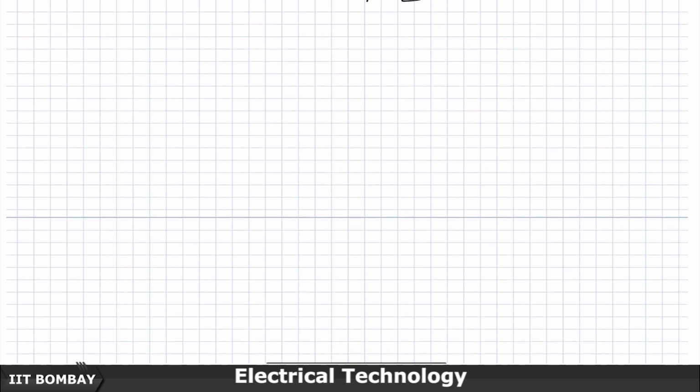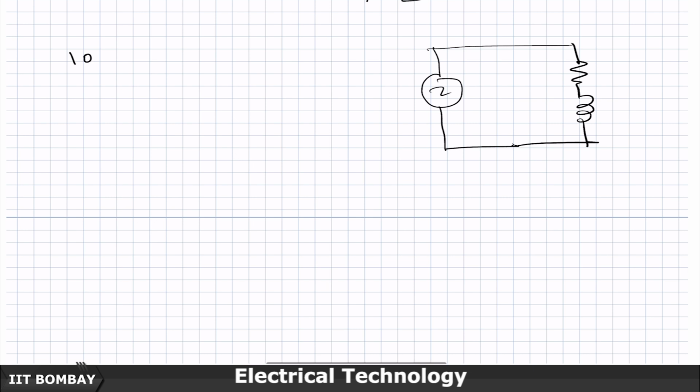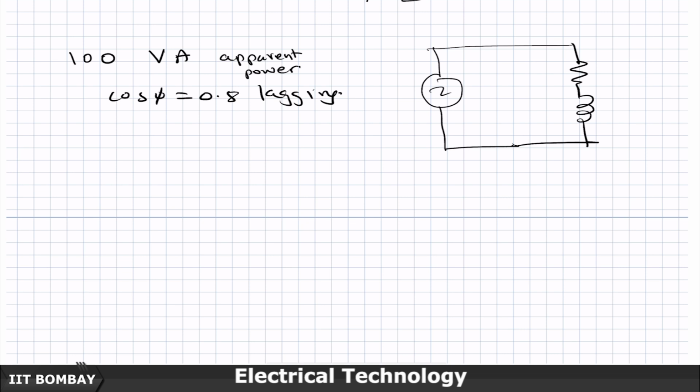Now, since I am on this topic, let us say that I am drawing 100 volt amperes apparent power, but power factor cos phi is 0.8 lagging.